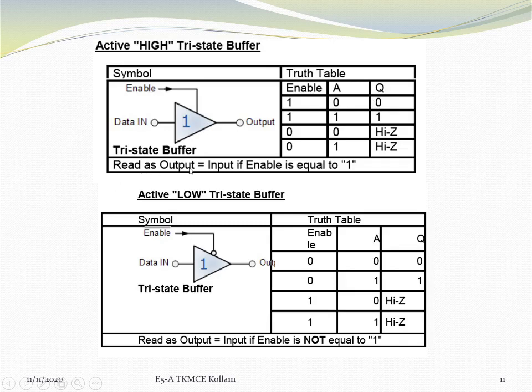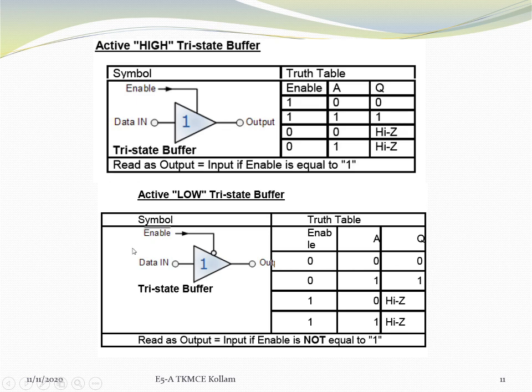We can read as output is equal to input if enable is equal to 1. If enable is 1, A gives Q. If enable is 0, it will enter into high impedance state. The circuit will be in open condition.